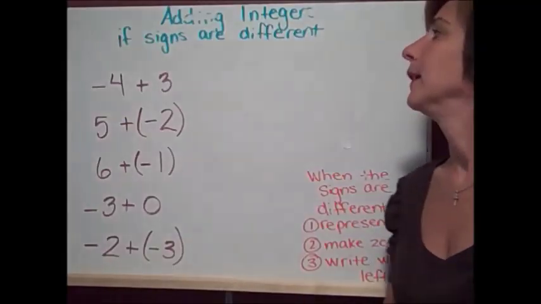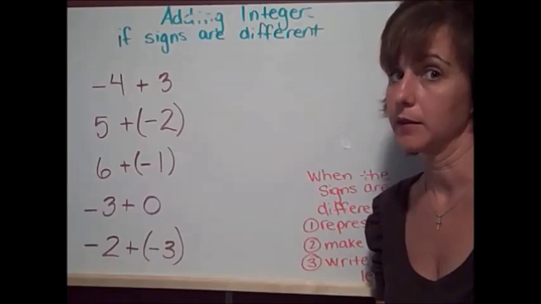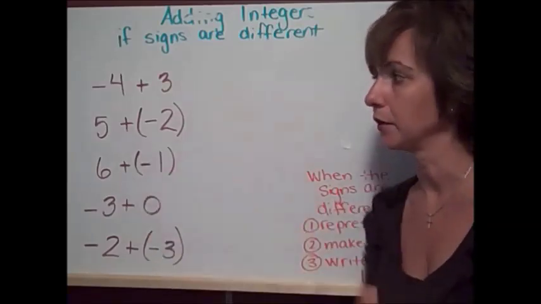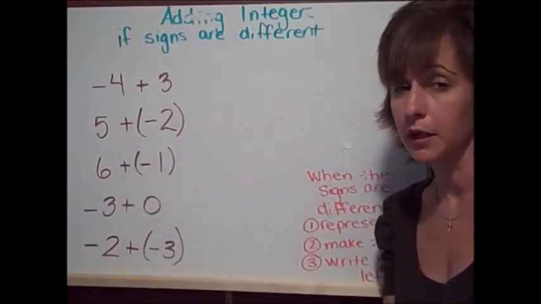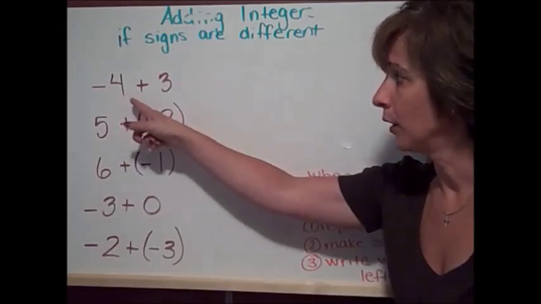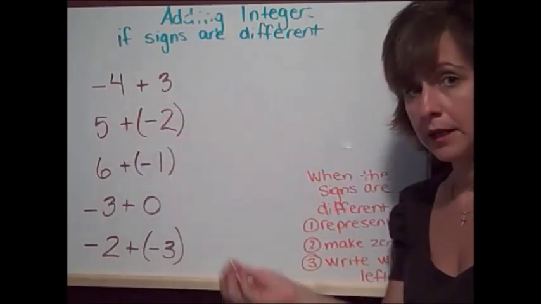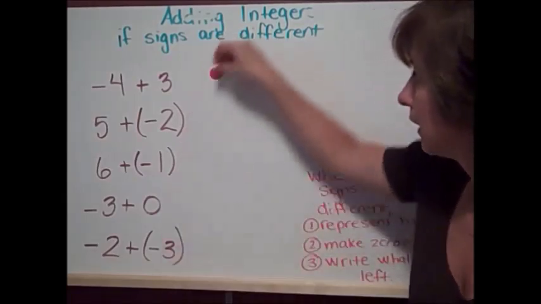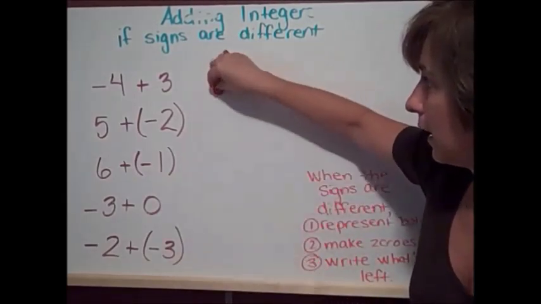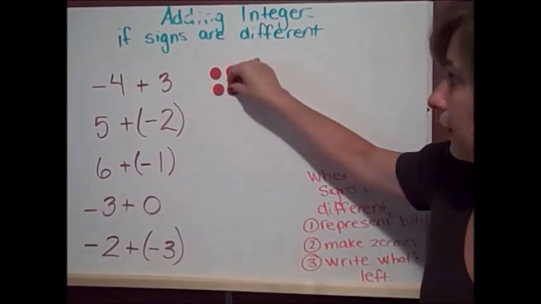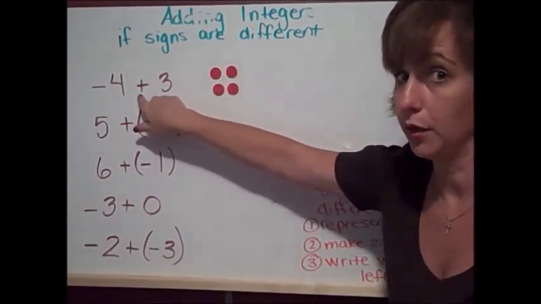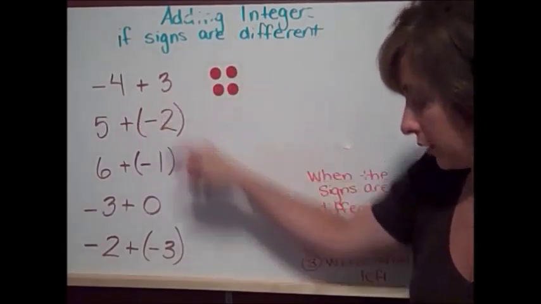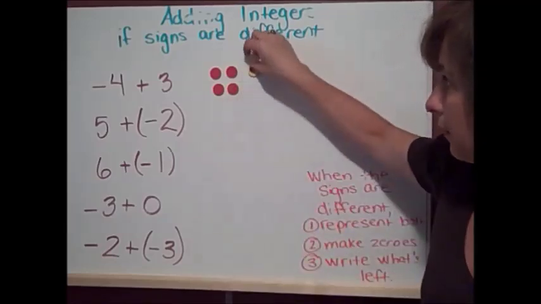All right. Adding integers if the signs are different. Each one of these we're going to represent with our circles. -4 plus 3. -4 would be 4 reds. And this means put on some more. So put on 3 positives.